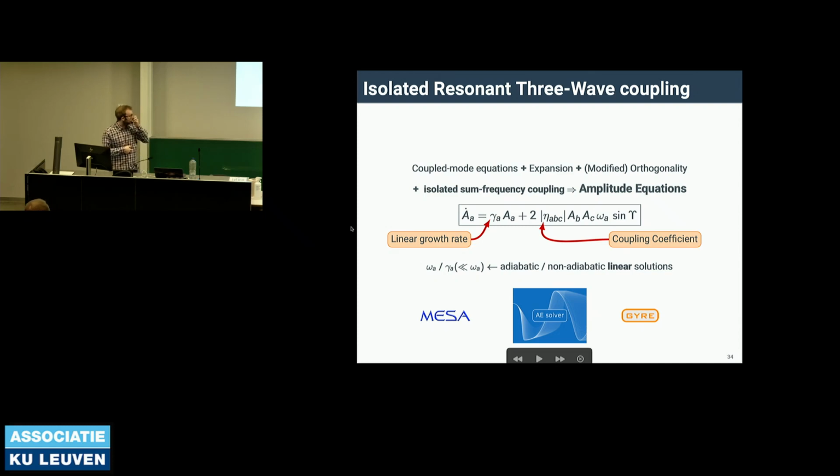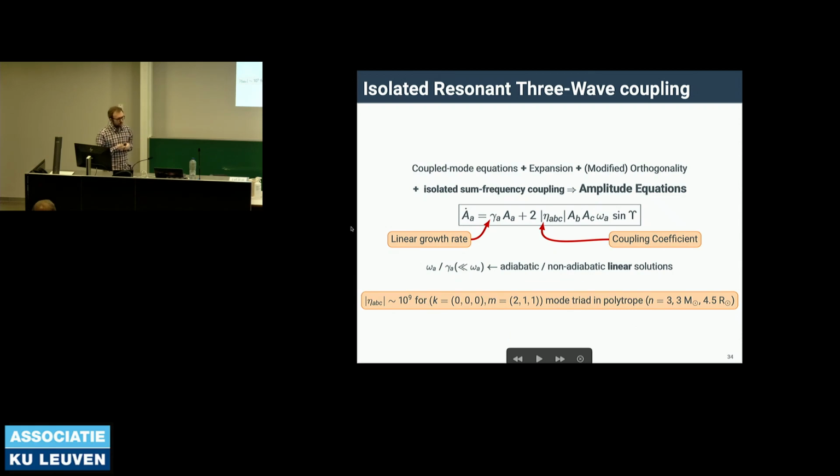So in order to compute these coupling coefficients, I developed a code, the AE solver, that uses MESA stellar evolution models and GYRE pulsation models to compute specifically these coupling coefficients, and then use those coupling coefficients to get information on the amplitudes that one can attain according to the nonlinear coupling in isolated resonant mode triads.